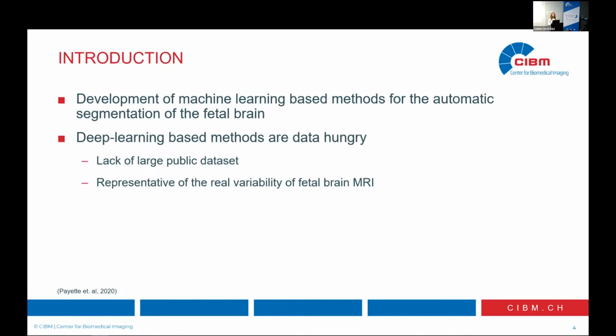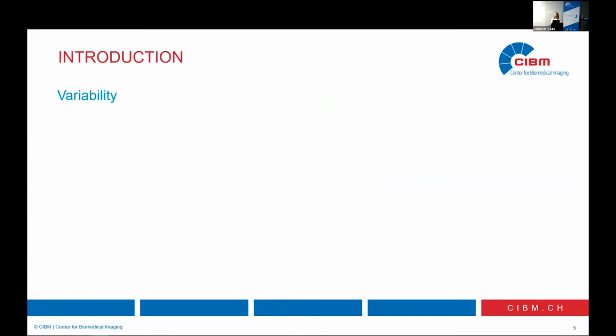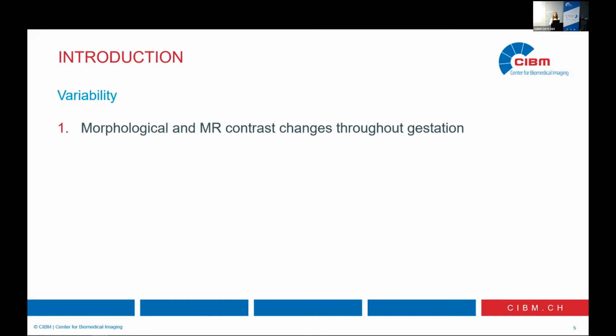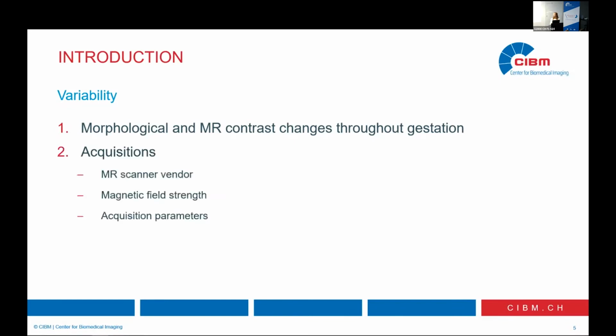And even when we have some, they are not fully representative of all the variability we can have in fetal brain MRI. The sources of variability, so we have what we already mentioned, the fact that the brain is changing quite a lot, both in terms of growth morphology and maturation throughout the gestation. We have variability that comes from the acquisition with the MR scanner, the acquisition parameters, and so on.